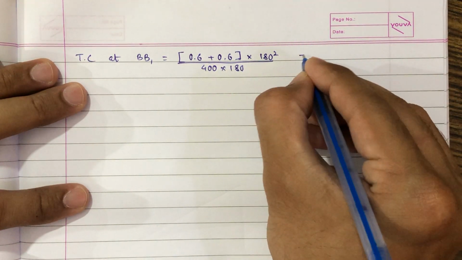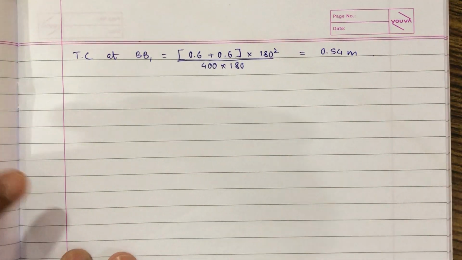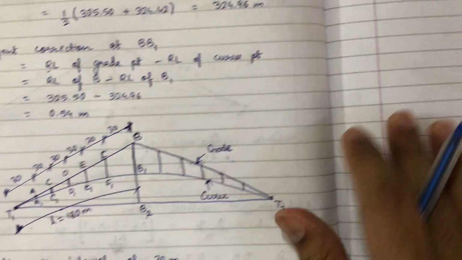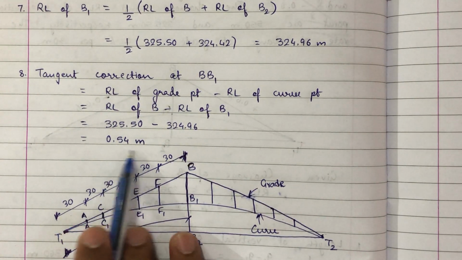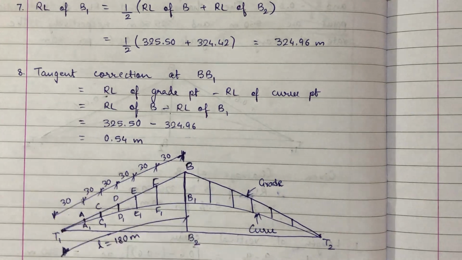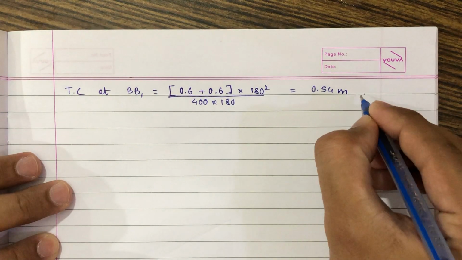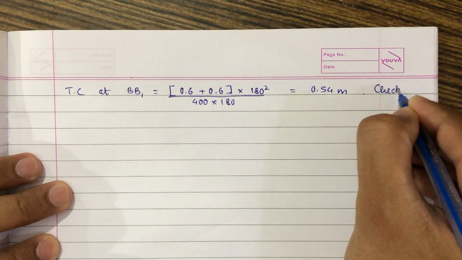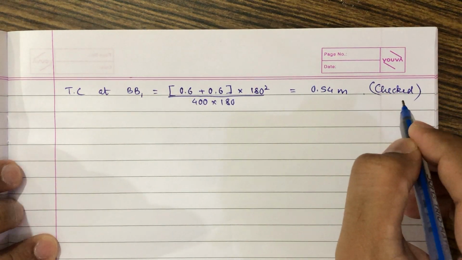This value comes out to 0.54 meter. This is the tangent correction that we got over here, and by this formula also the tangent correction at B B1 comes out to 0.54 meter. Therefore it is checked and found correct.